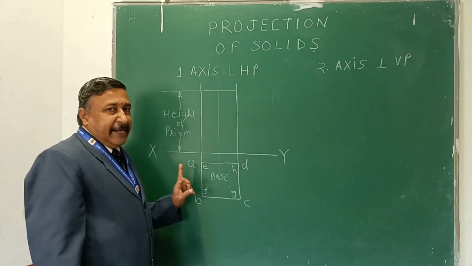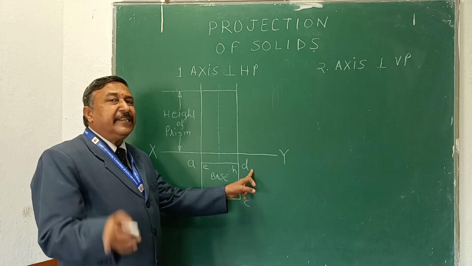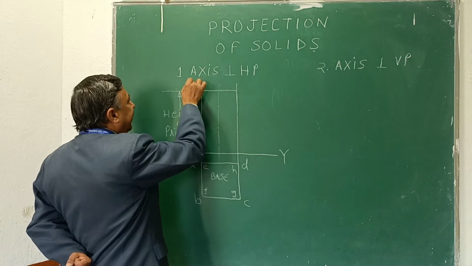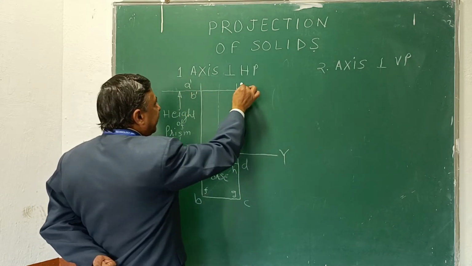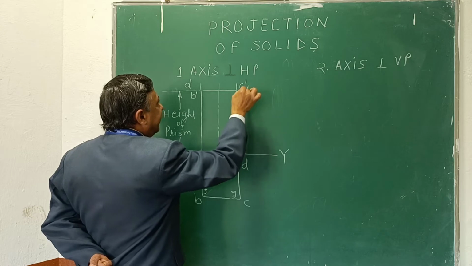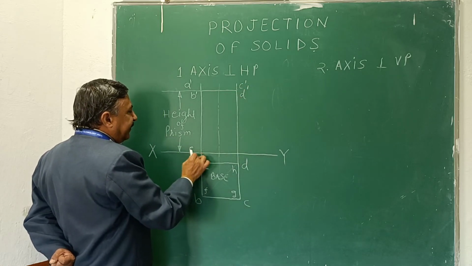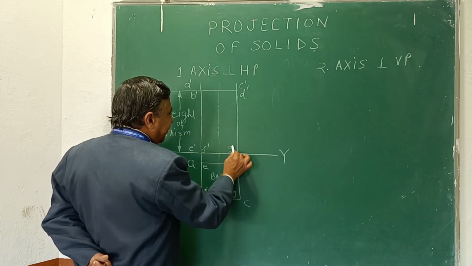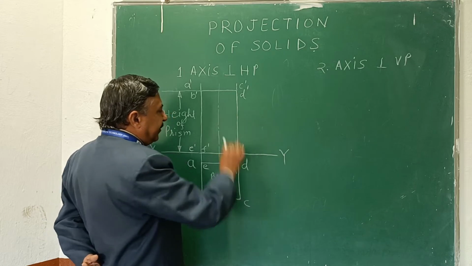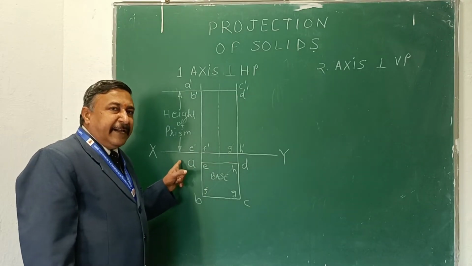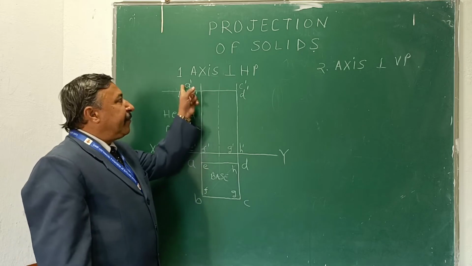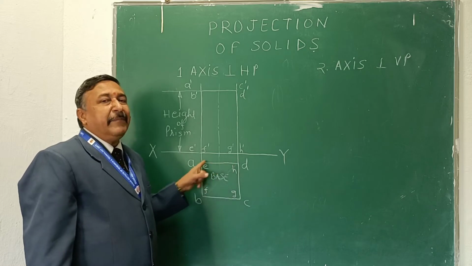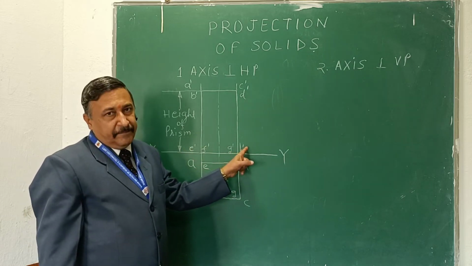Now, labeling A, B, C, D. Suppose this is the top square. So, we have to name here A dash, B dash, C dash, D dash, and E dash, F dash, G dash, and H dash. So, one naming, outside the view, we mark at the top, and the inside naming we mark at the bottom.